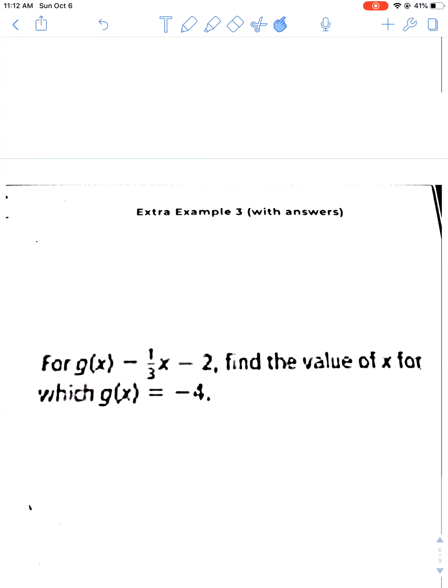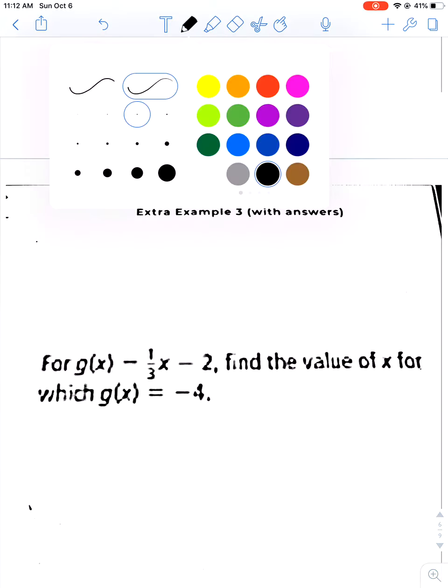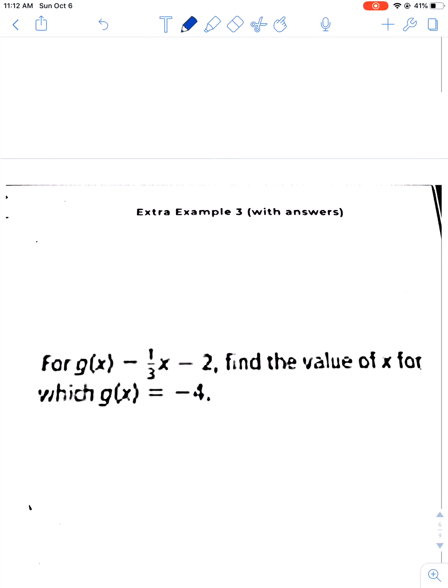Alright, so again, do not fall for the trick that a lot of students do. This says g of x is negative 4. So we're going to replace g of x with negative 4. And now we're just going to solve for x. So add 2, add 2.